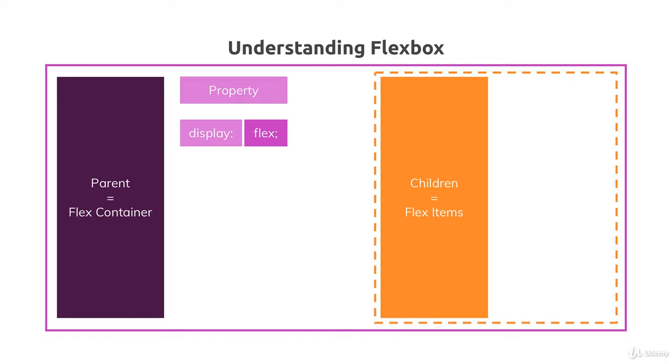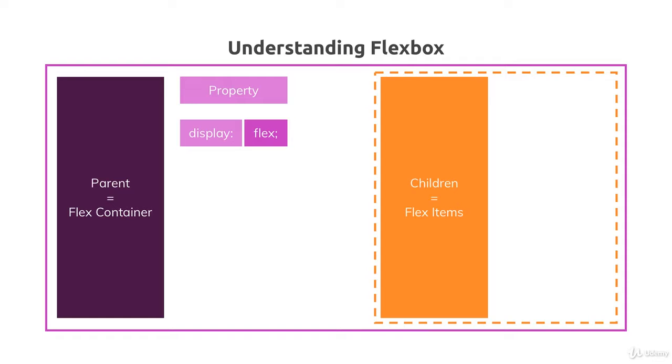So that's the first thing we have to keep in mind. We have an element, normally a parent element, with the display flex declaration. This parent will become the so-called flex container after we applied this declaration. And all elements inside this container are children of the parent, of course, and at the same time flex items. Now that's the first step.